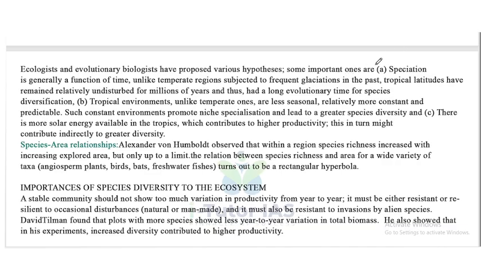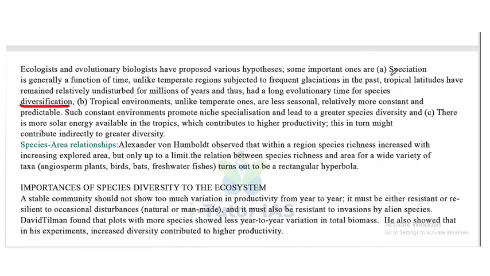Some of the most important ones: speciation is generally a function of time. Unlike temperate regions, which were subjected to frequent glaciations in the past, tropical latitudes have remained relatively undisturbed for millions of years, thus had a long evolutionary time for species diversification.